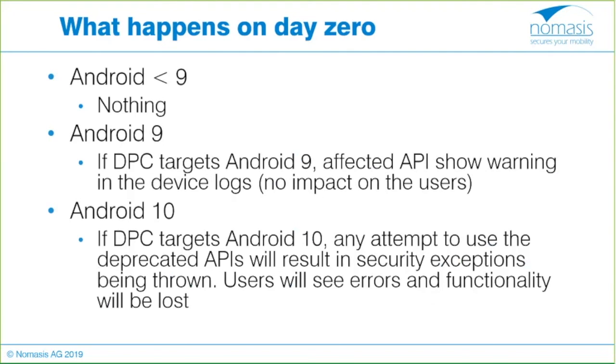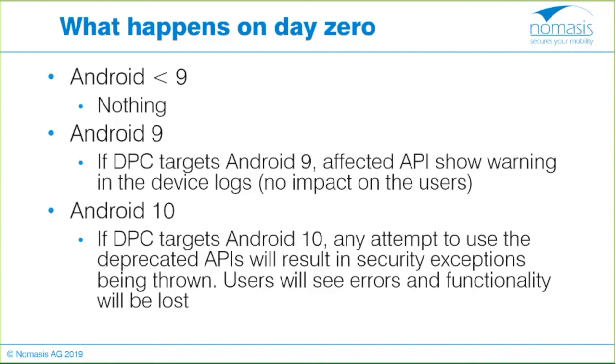It's related to the DPC, which is the client used to manage your device. For example, for MobileIron, it's the Mobile@Work app. And this DPC, Mobile@Work, is still targeting API levels before 10. So you won't see any error for now.